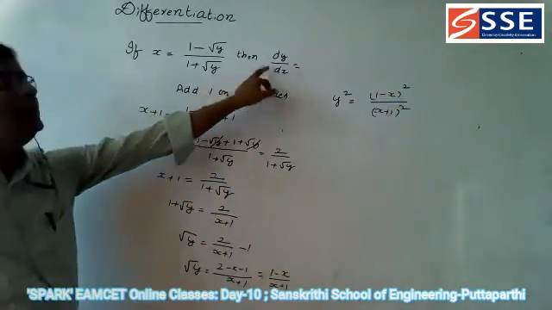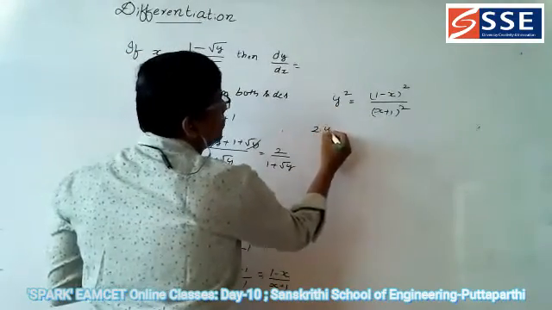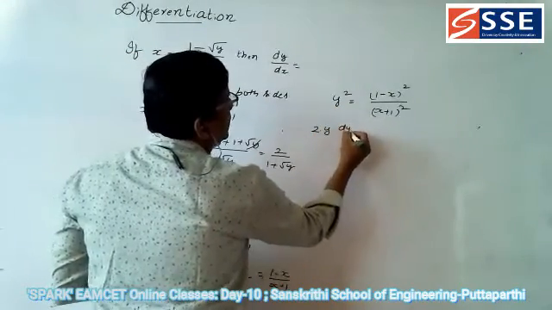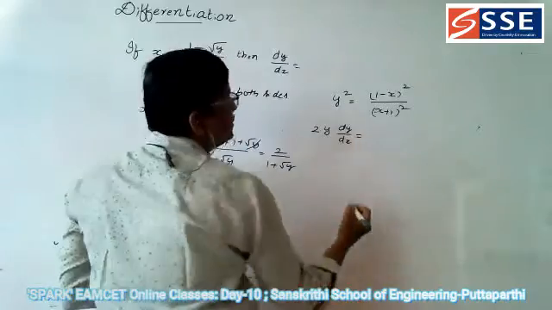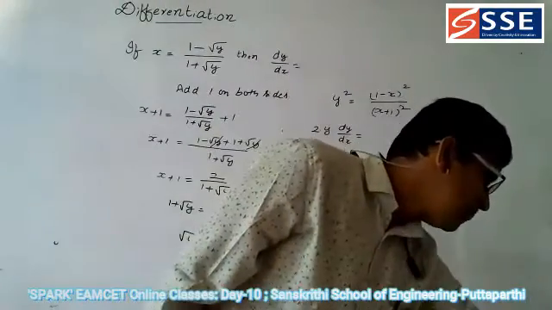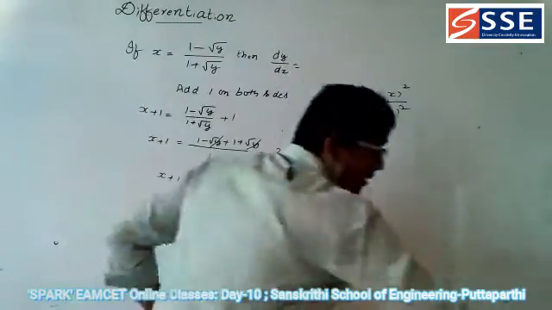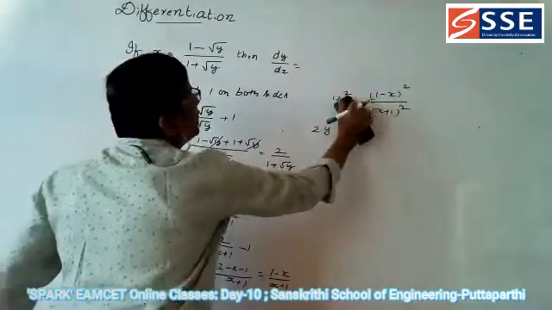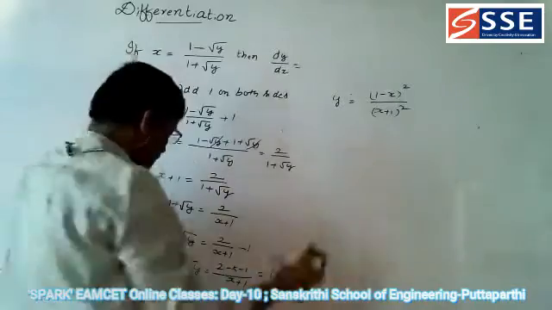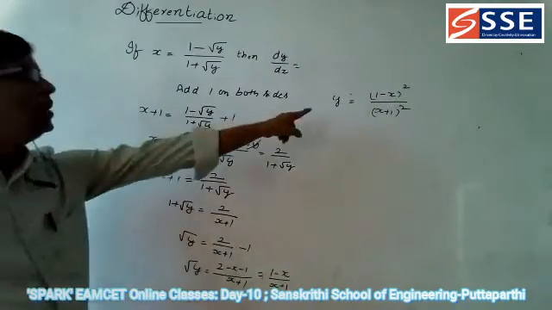Now we want to find dy by dx. Differentiate both the sides. Sorry, here it becomes y only. Why? Because squaring on both sides, root y whole square is equal to y only.